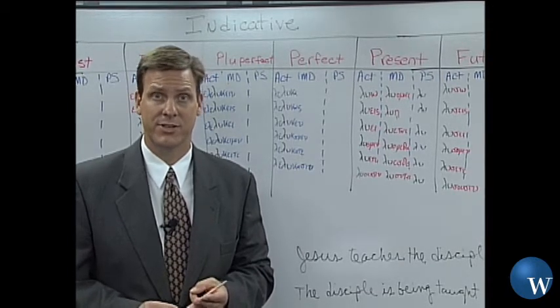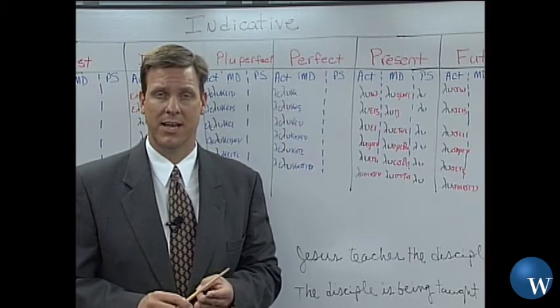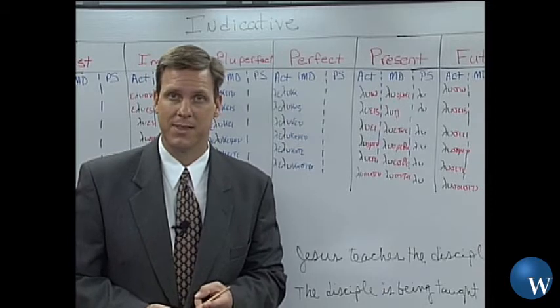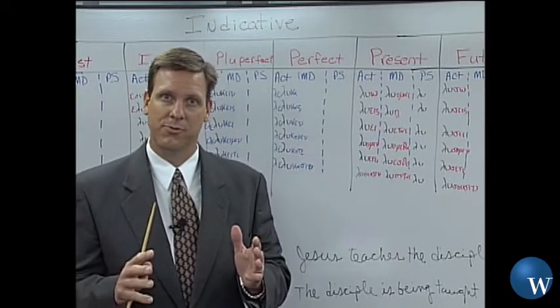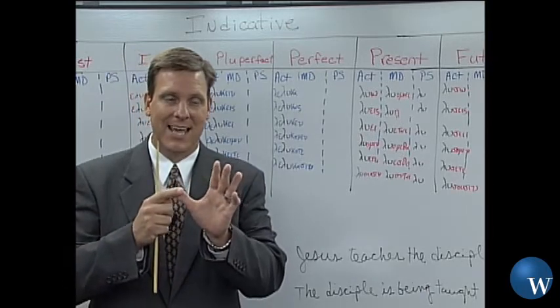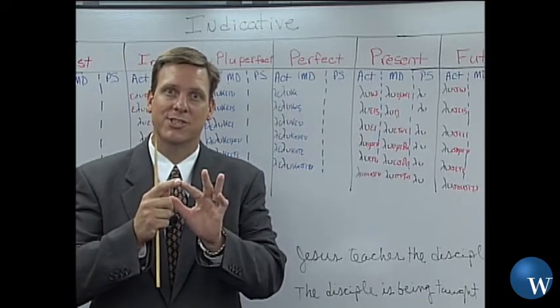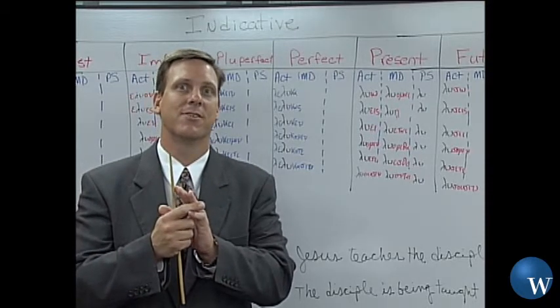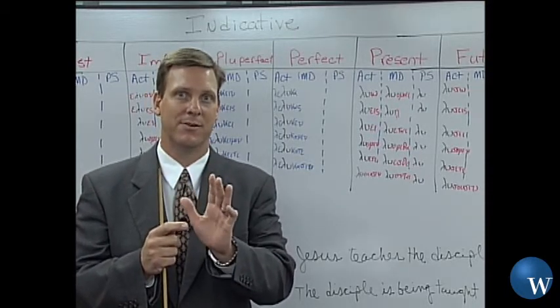And what I'd like for us to do today is to take a little bit better look at those to see what that means. Now, in studying verbs, remember this. We said that verbs have tense, and verbs have voice, and they have mood, and they have person, and they have number. Those are the basic elements of a verb.